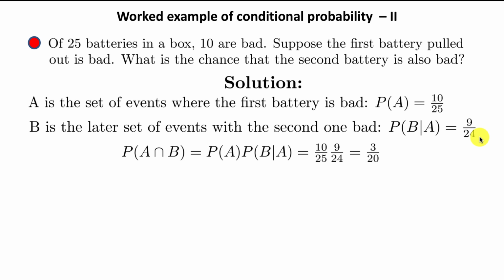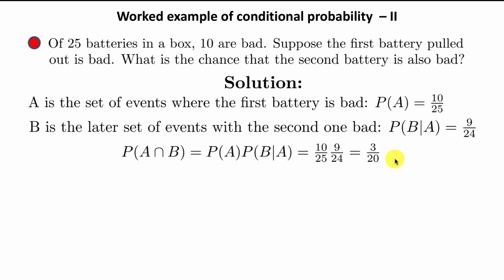Now using the definition of conditional probability, we can ask what is the probability of A and B? That is, the first battery is bad and the second battery is bad. So that's just the product of the two. 10 over 25 times 9 over 24, which is 3 over 20.